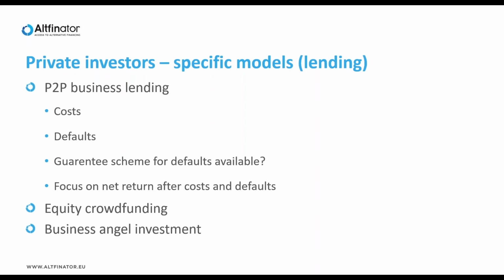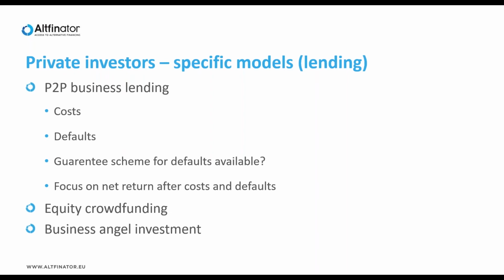So be aware that this is possible. If you're using peer-to-peer business lending, you're providing loans to companies. Take into account that the interest rate paid by the company is not your net return in the end. You have to take into account these costs and the defaults.